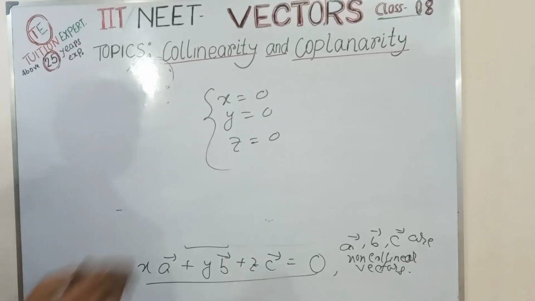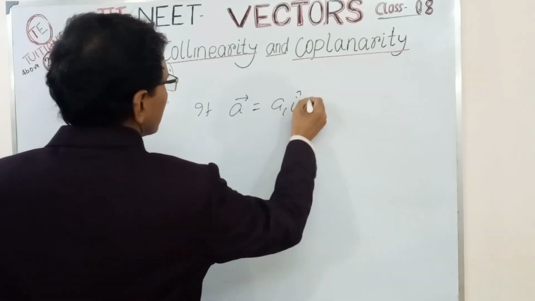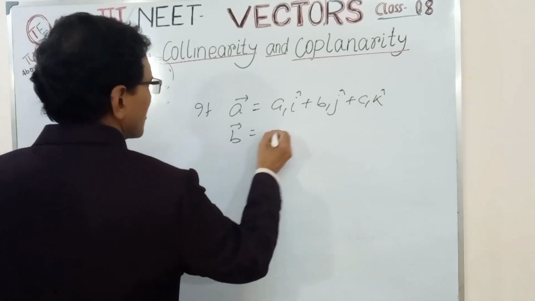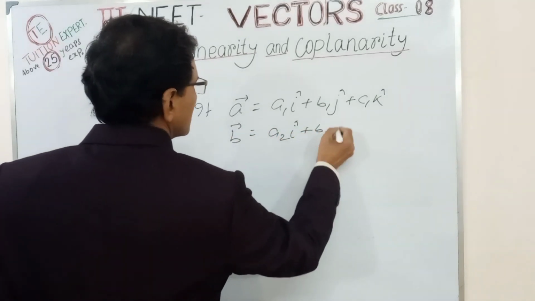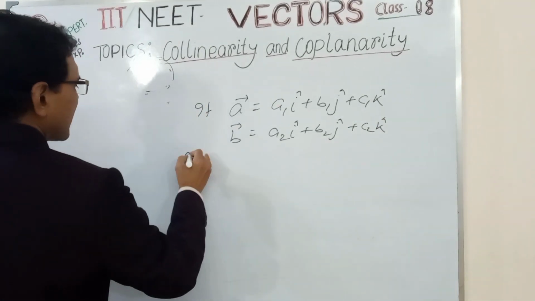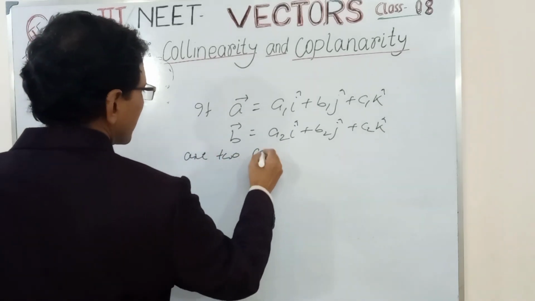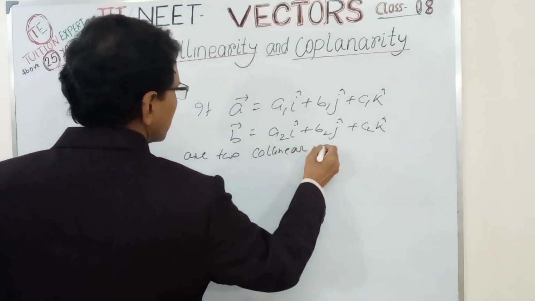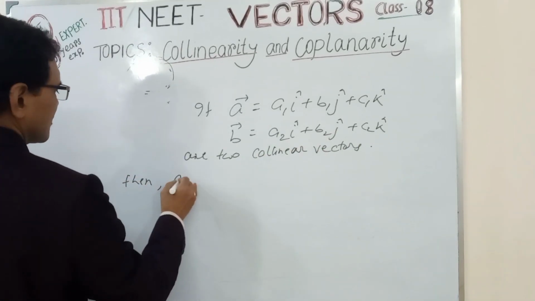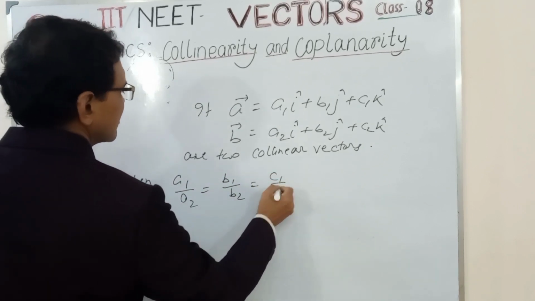Now if A and B are two collinear vectors, then this condition must be satisfied.